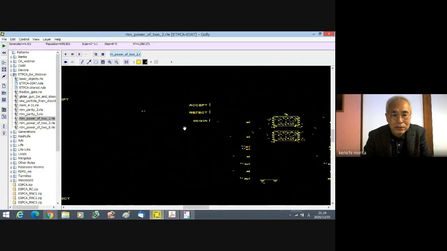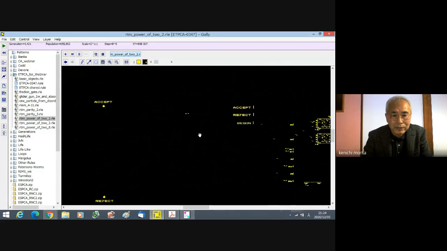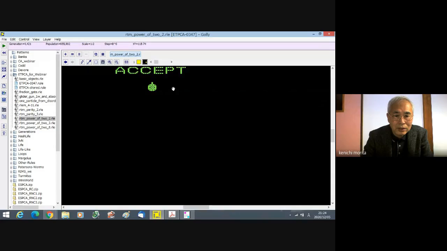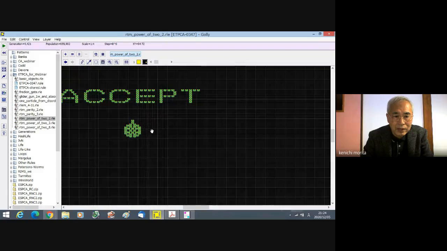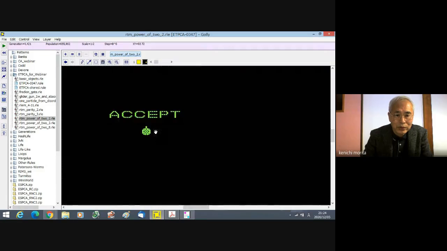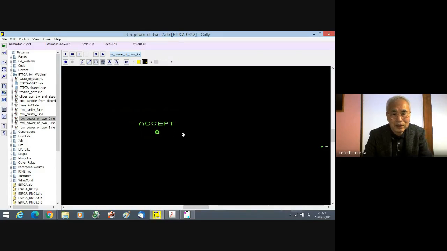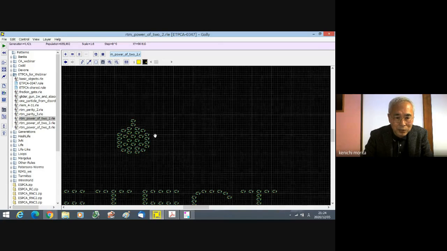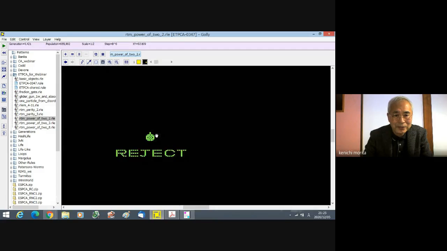But if we use such a mode, the glider flies very fast, so we cannot see it. Therefore, when it is accepted, the accept bomb will be hit, and an explosion will occur. By such an explosion, we can see whether it is accepted or rejected.